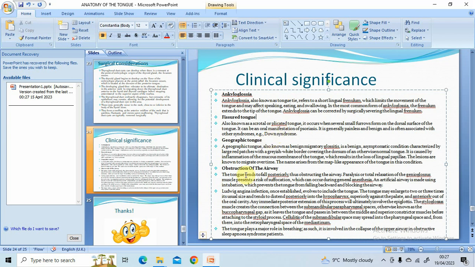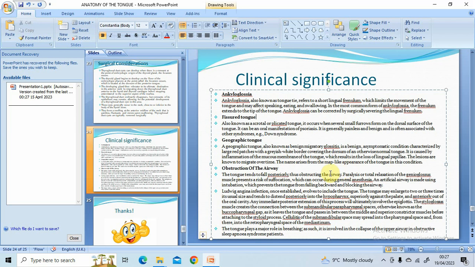Then geographic tongue, also known as benign migratory glossitis, is a benign asymptomatic condition characterized by large red patches with grayish-white borders covering the dorsum of an otherwise normal tongue. That is when there is inflammation of the mucous membrane, that's when you see geographic tongue.